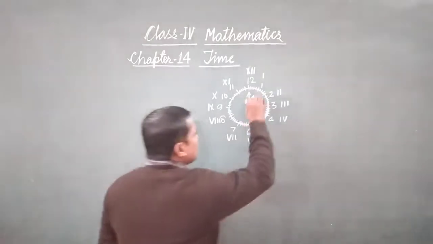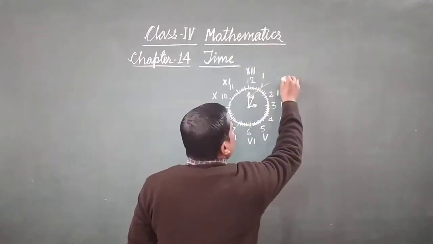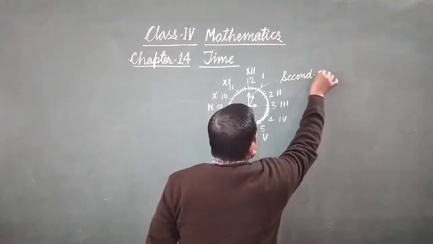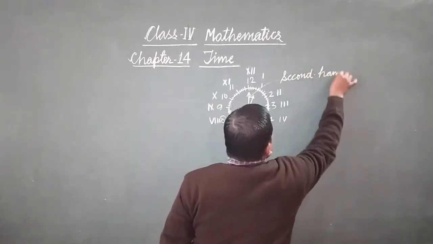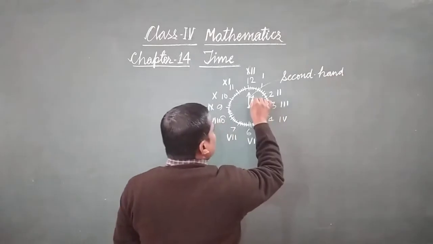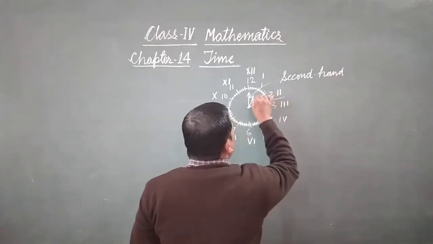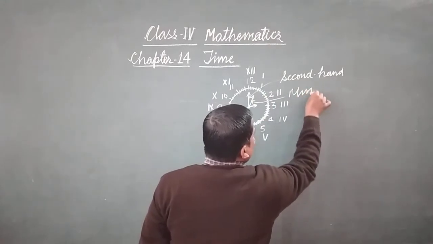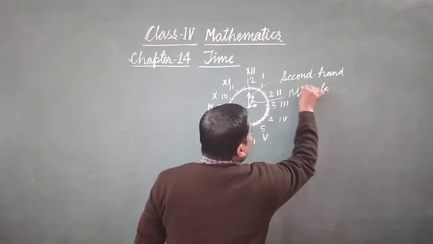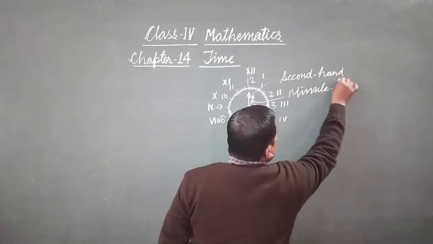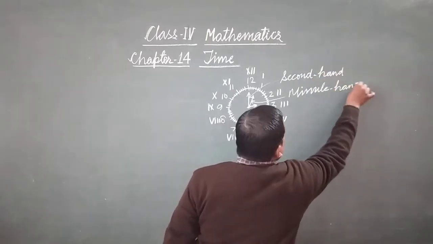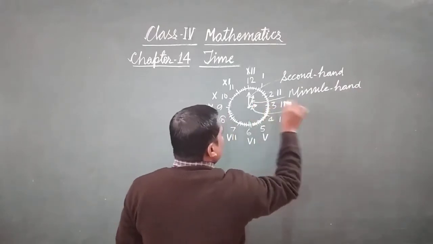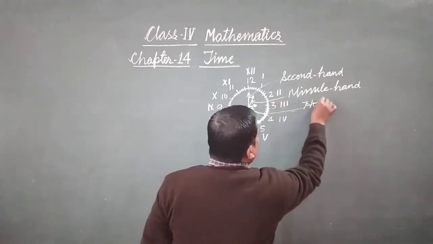These 3 hands are: this one is called the second hand, this one is called the minute hand, and this one is called the hour hand.